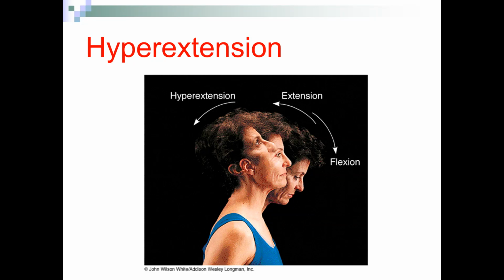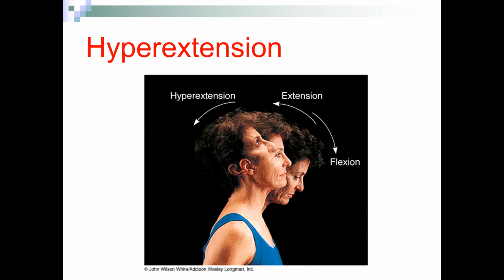So that is extension. Remember the angles, when you look down, the angle at your neck joint becomes more acute. So it narrows. When you look up, the angle widens, right? And when you look forward, sorry, not up. When you lean your head back to look up, we call that hyperextension.